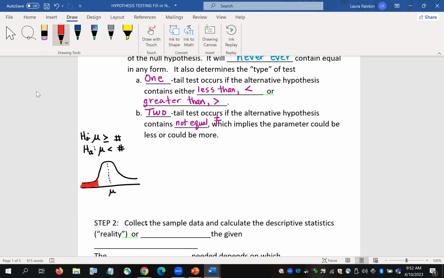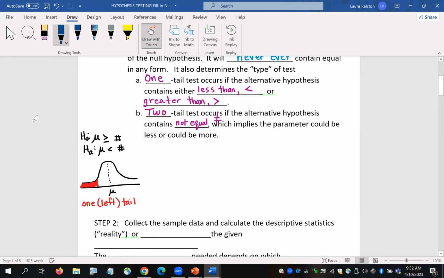Because of that, we only have this one option. That's why it's called a one tail. More specifically, sometimes you'll see this one called a left tail, because your region is on the left side.